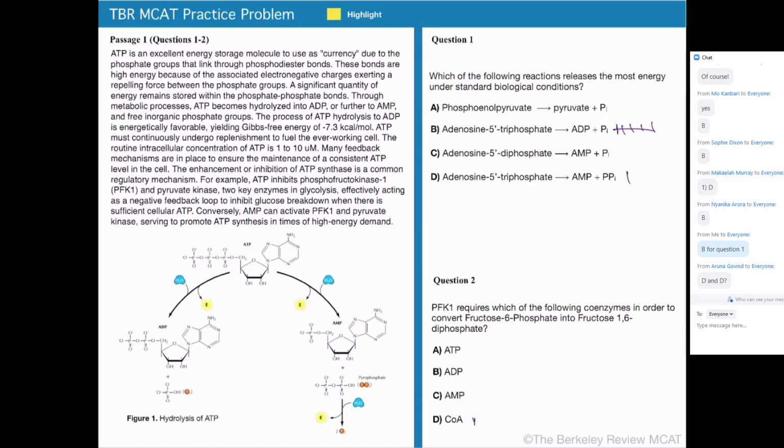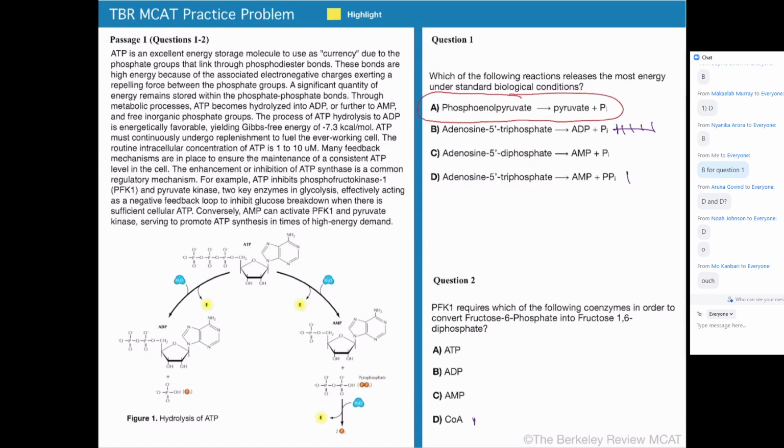Okay. So this may not be a fair question because we haven't talked about glycolysis yet. But the answer to 1 is actually A. If you're familiar with glycolysis, the reason you can get to this answer super quickly is because this step in glycolysis actually produces an ATP.